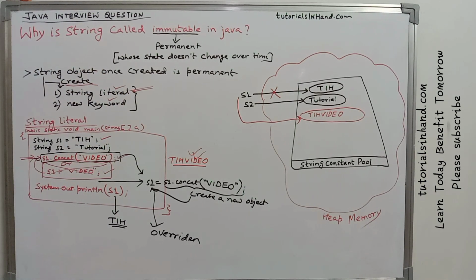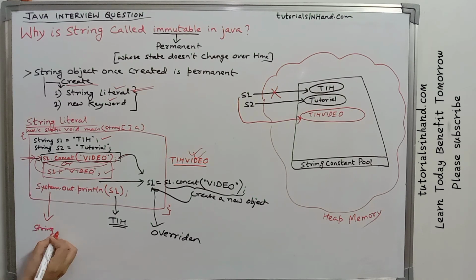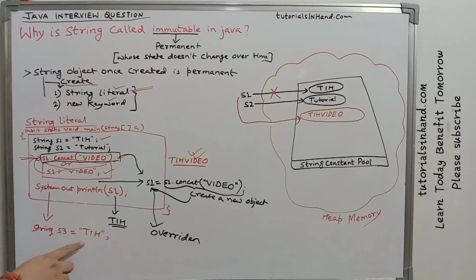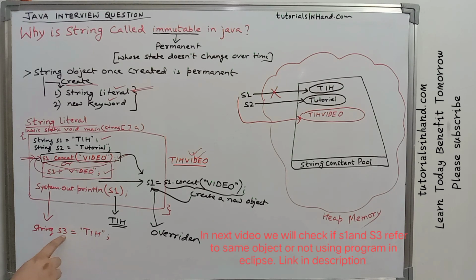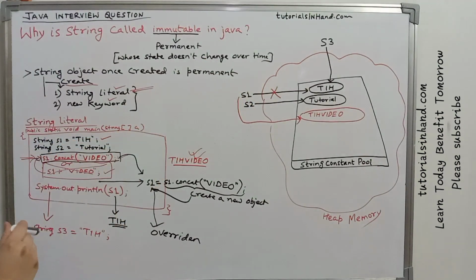And if someone writes a new line after this one, that means after we have printed the value of s1, such as string s3 equals TIH, then it will again be checked whether this TIH object is present in the string constant pool or not, and if it is present, then the s3 variable will reference the TIH object that was unreferenced. See, s3 now starts referencing TIH.